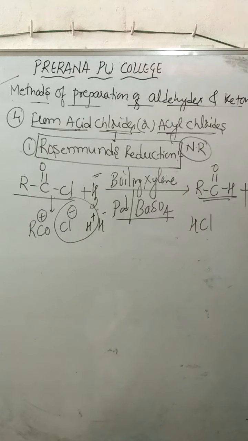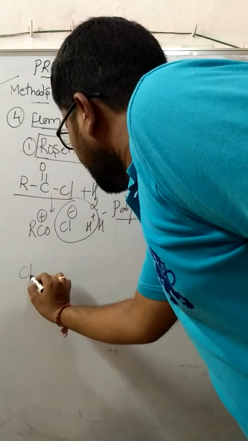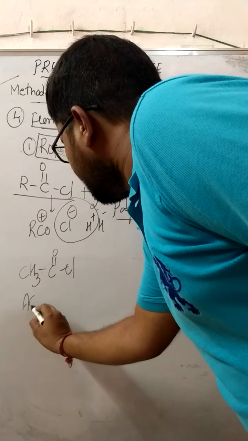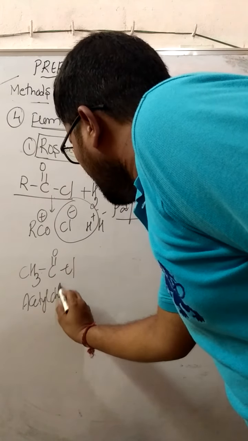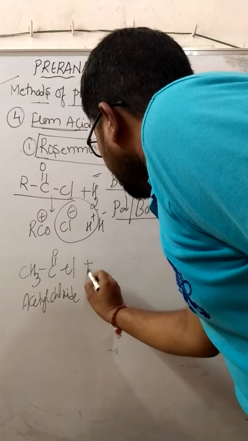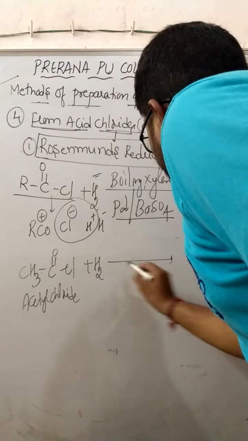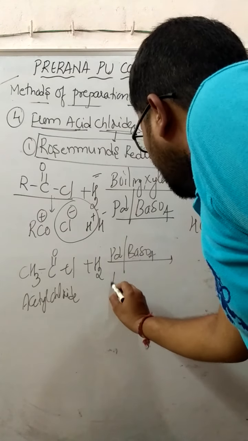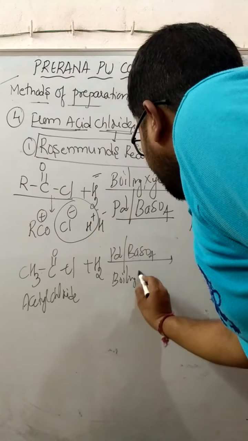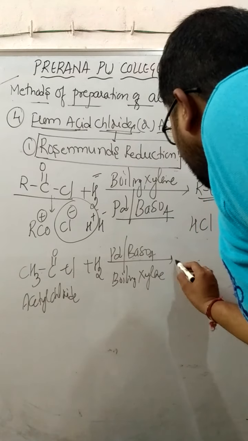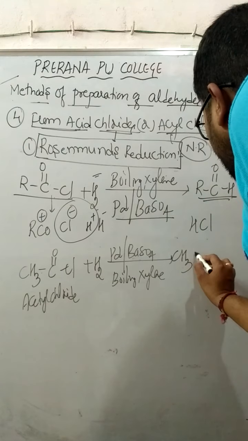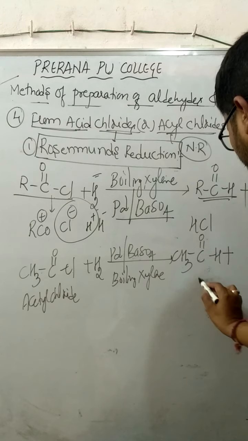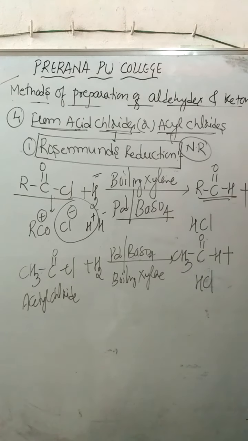If I write a particular reaction for this, that is CH3COCl, which is called acetyl chloride. When this acetyl chloride is subjected to reduction in the presence of palladium and barium sulfate and boiling xylene as an organic solvent, we are going to get CH3 C double bond O single bond H, which is acetaldehyde, along with HCl.